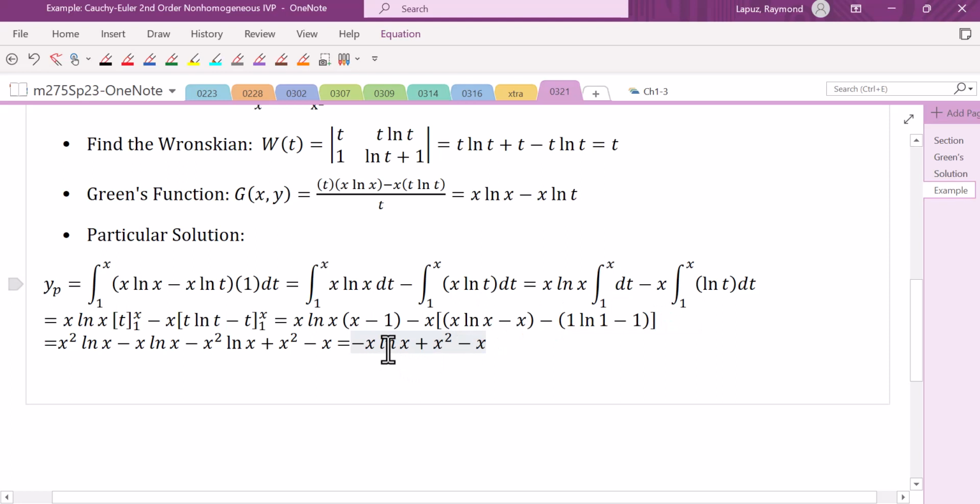Okay. So I think we have our solution here, and this is our particular solution. So let's just get that written down. We have y sub p is equal to this expression here.